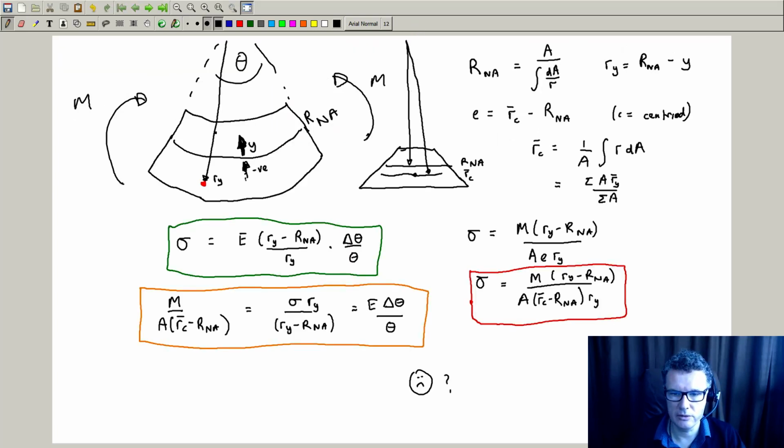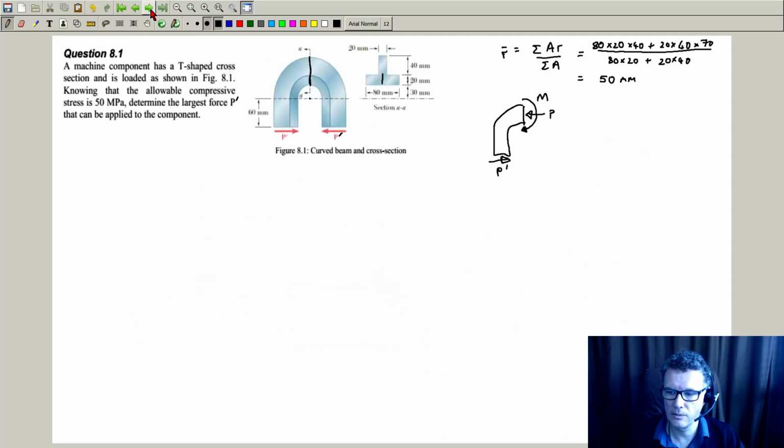So what we're going to use, know nothing about Young's modulus, so it's going to be this one here. So my stress is going to be a combination of P divided by A.